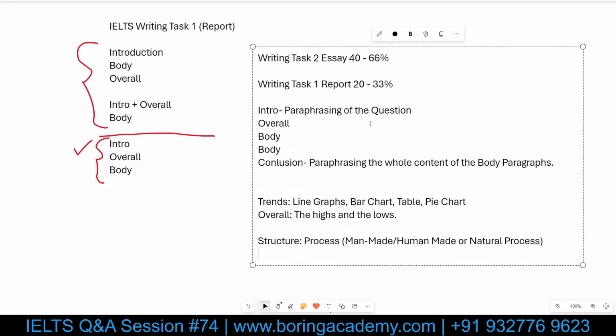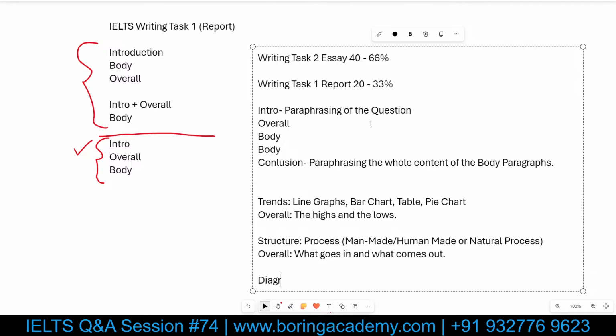For instance, overall would be what goes in and what comes out. If it is a process of how eggs convert into an adult frog, the adult frog lays fertilized eggs and out comes a tadpole. You can just give the input and then share the output. That's it, you're done.